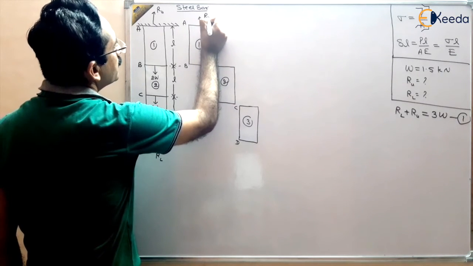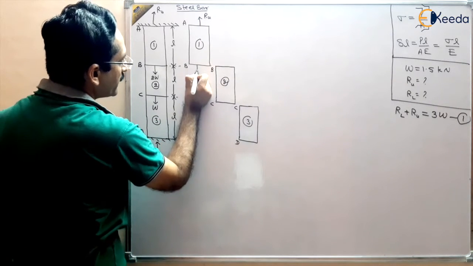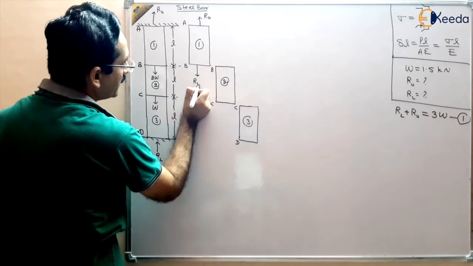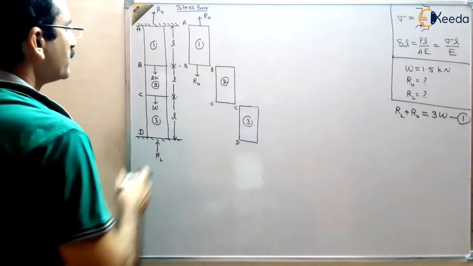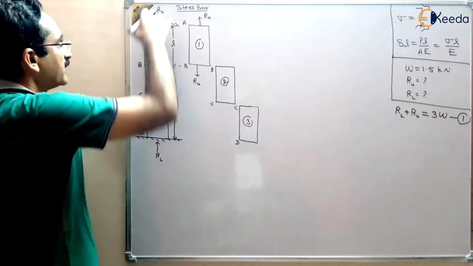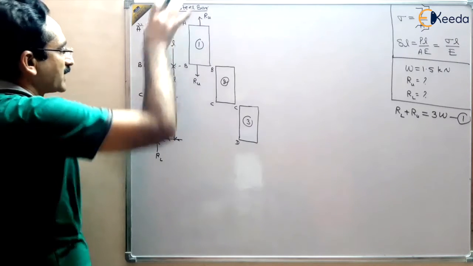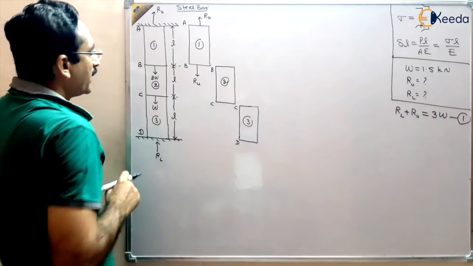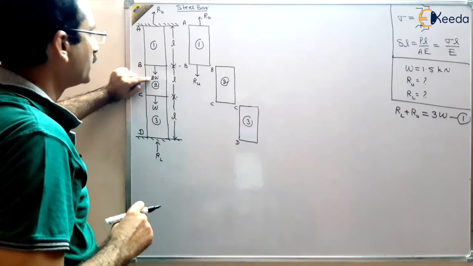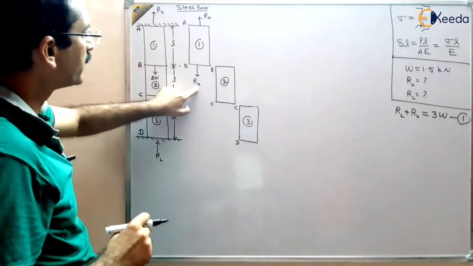This is RU, and for static equilibrium, RU should also be in the downward direction. So we have started our question with the upper reaction RU. At B, the total force is 2W and RU is already applied.